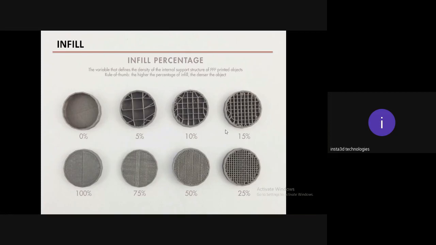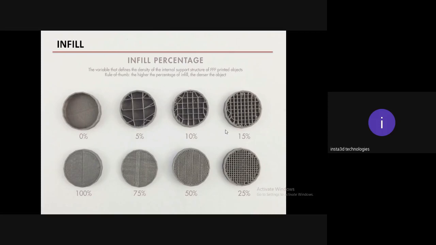We are just printing it for an experience. In those cases, we have to minimize the wastage of material. So in that consideration, we can go with 0% infill, 5% infill, 10% infill. Okay, so we constrain the use of material to a minimum.